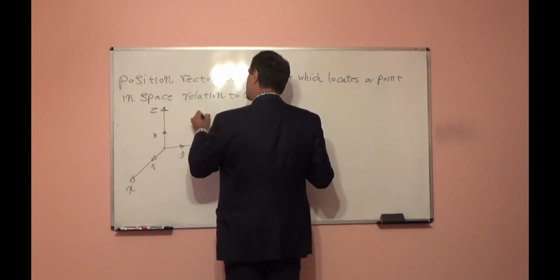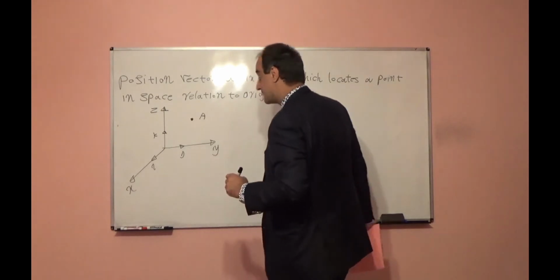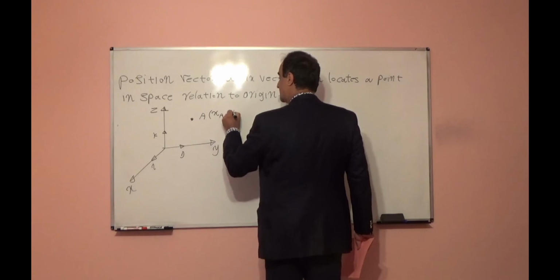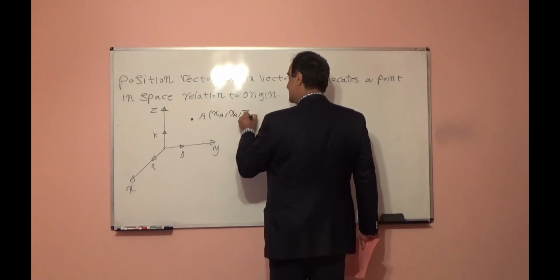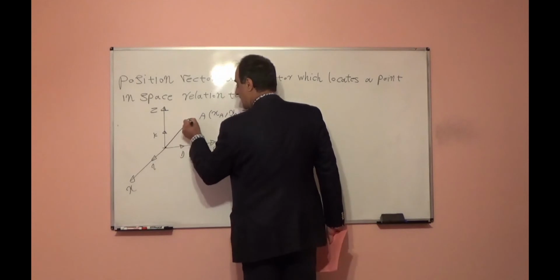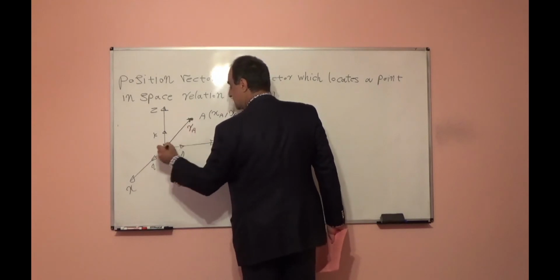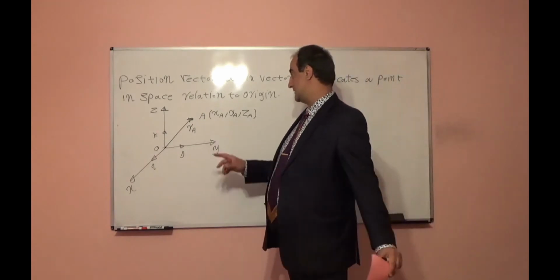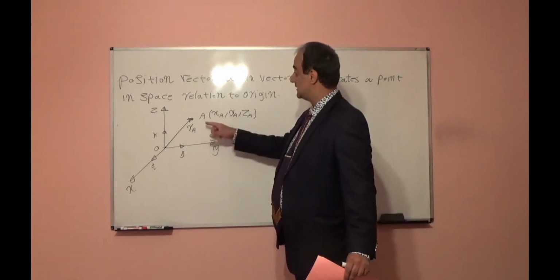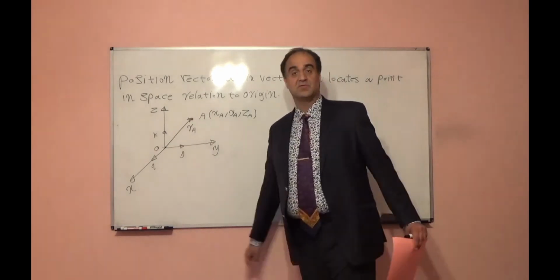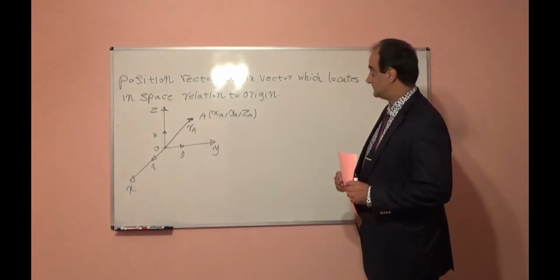Assume we have point A. The coordinate of point A will be xa, ya, za. In that case, rA is a position vector because it is a fixed vector and it locates point A in 3D space relative to origin O.